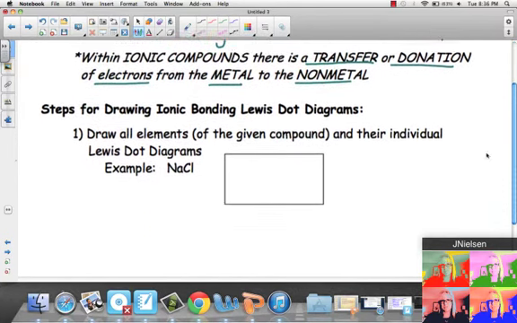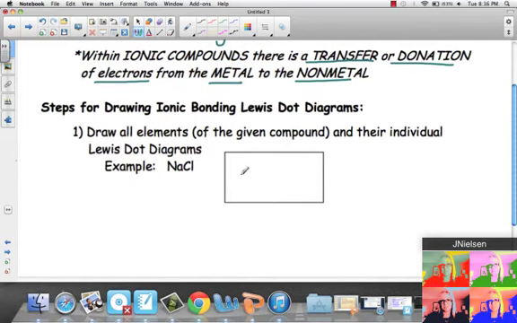So the first thing we're going to do is draw the elements of the given compound and their individual Lewis dot diagrams. So Na's got 1. And Cl has 7.